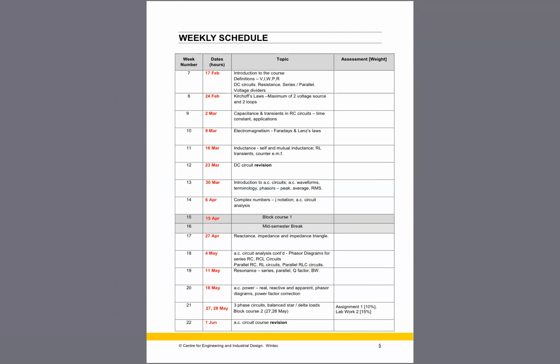Okay, guys. Here you can find my contact detail and coordinator details. So these are the basic outline, the basic content of this module. We are discussing DC circuit theories, Ohm's law, Kirchhoff's voltage law, Kirchhoff's current law, things like that, and also capacitors, transient behavior of capacitors, electromagnetism, inductors, transient behavior of RL circuit, and then after that AC circuits, RC AC circuit, RCL AC circuit, RL AC circuit, likewise.